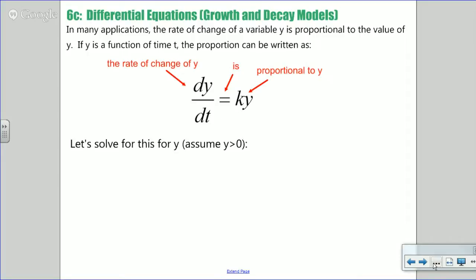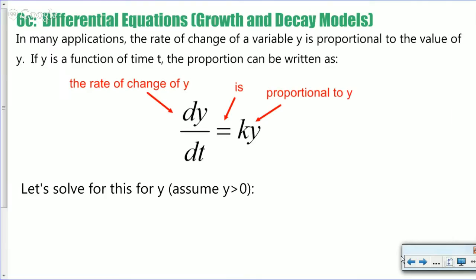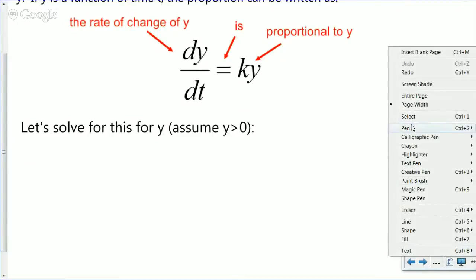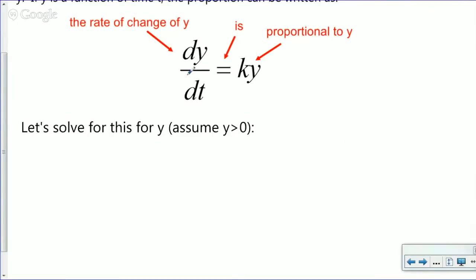Okay, so what I would like to do is solve for y, actually. And we're going to do this using our tools from yesterday. Okay, so if I want to solve this differential equation for y, the first thing when solving differential equations is to do what? Separate, right? So how about I divide both sides by y? I can leave the k on the right side.